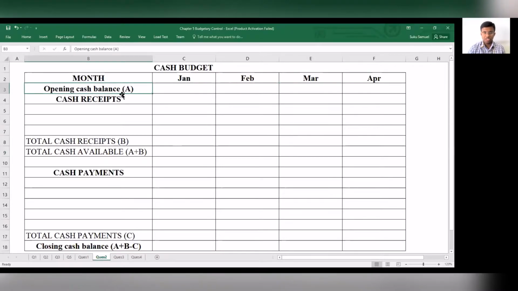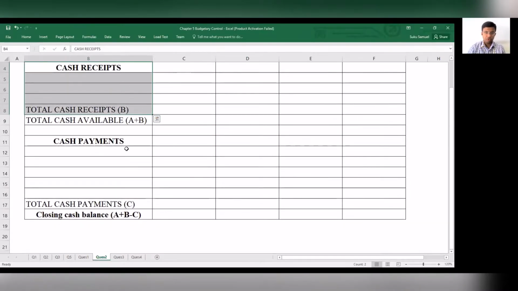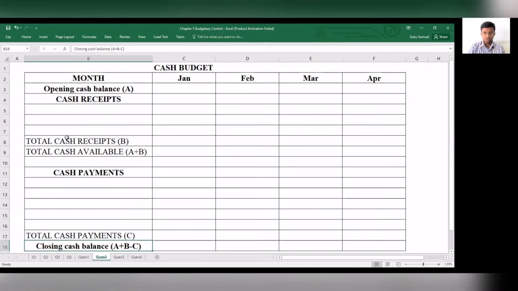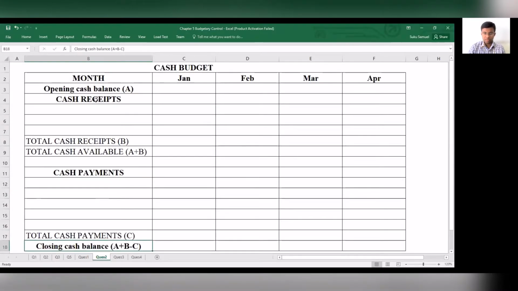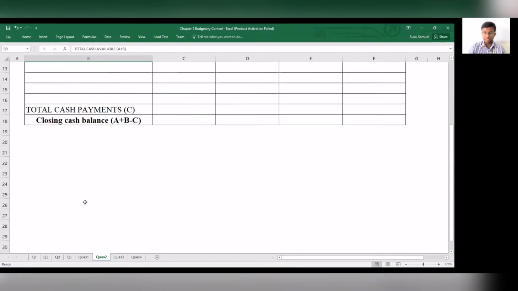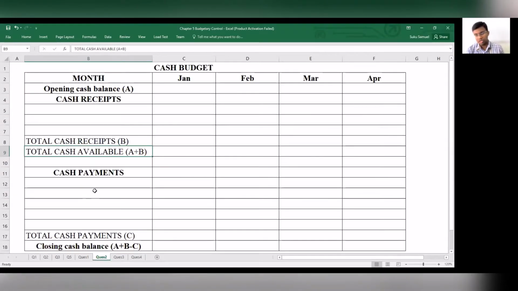You have the opening cash balance, followed by the cash receipts, which account for the inflow of cash, followed by the cash payments, which account for the outflow of cash, and then the closing cash balance. To calculate the closing cash balance, we sum up the opening cash balance with the cash receipts and subtract the cash payments.